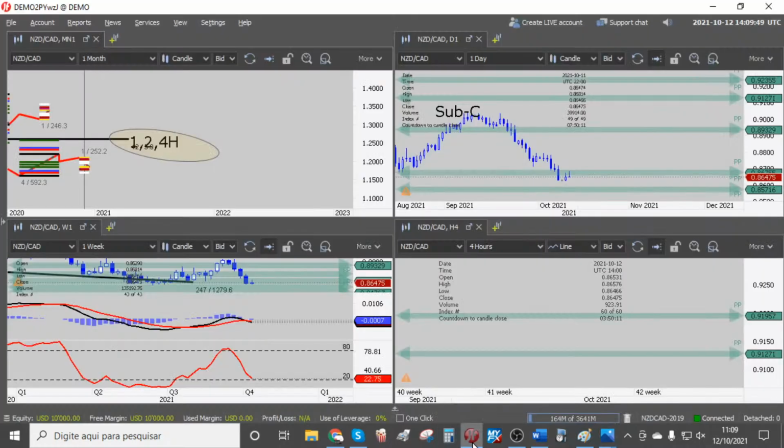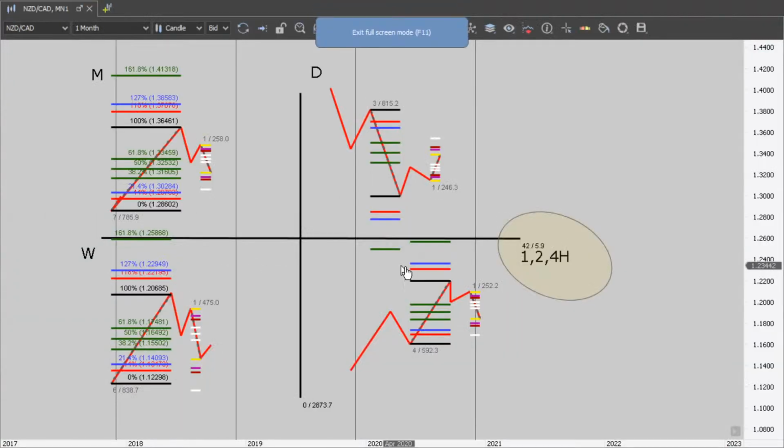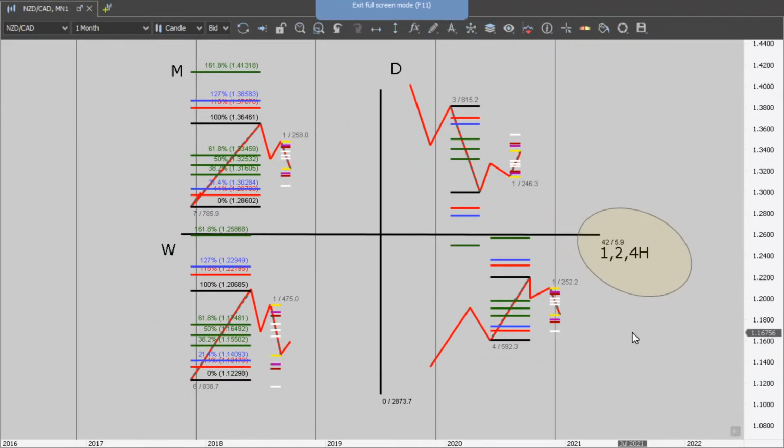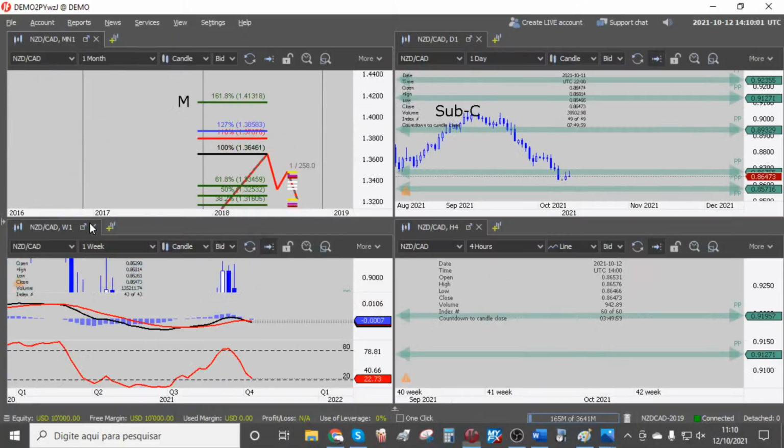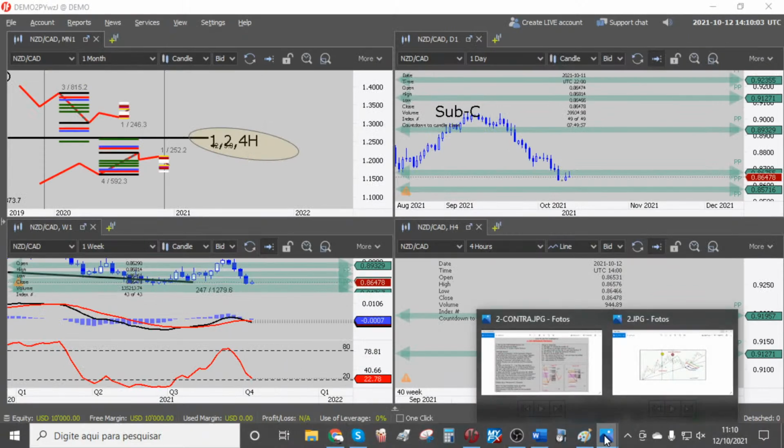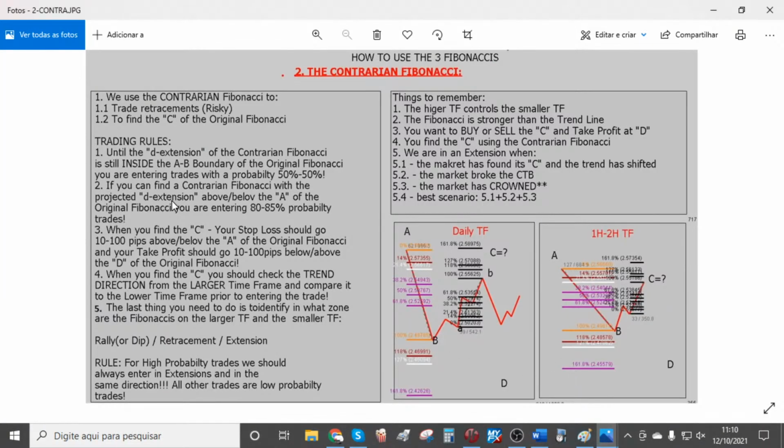Now remember, we are talking about trading, right? How are we going to trade from the 1 hour, 2 hour, 4 hour, maybe daily chart? So in this sense, number 1, as long as the extension of the contrarian Fibonacci is still inside the AB boundary of the original Fibonacci, you are entering trades with a probability of 50-50.